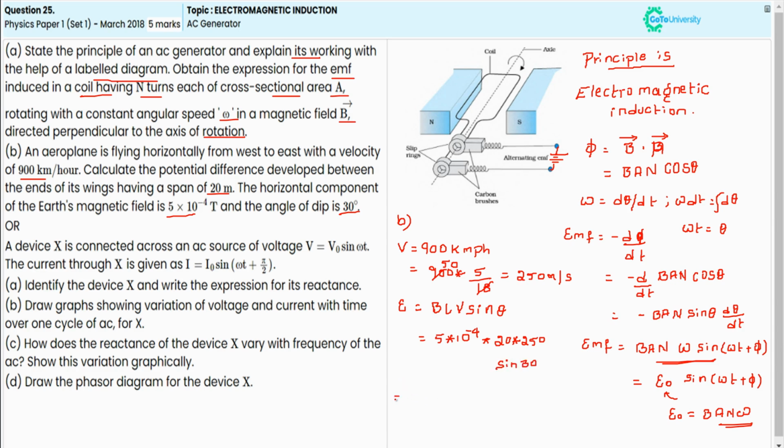If we simplify, 5 into 10 to the power of minus 4 times 20 into 250, which is 5000, times sine of 30, we get the value 1.25.